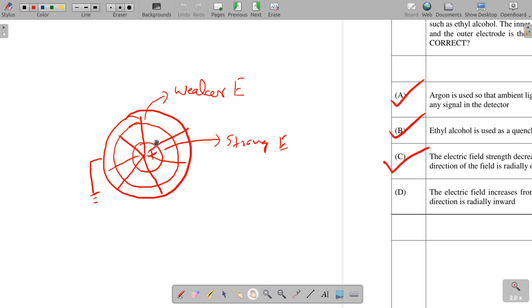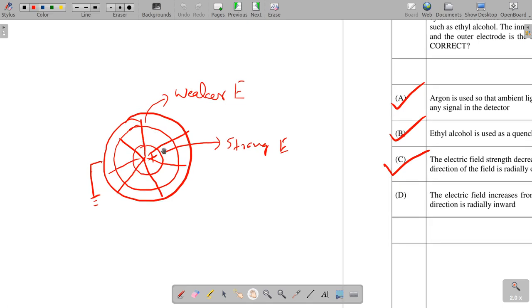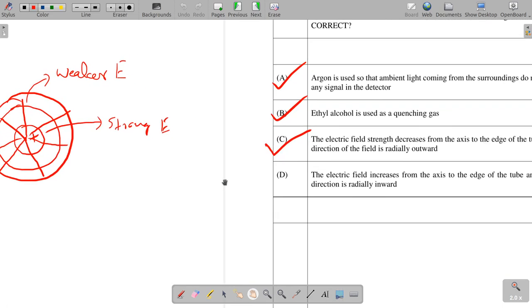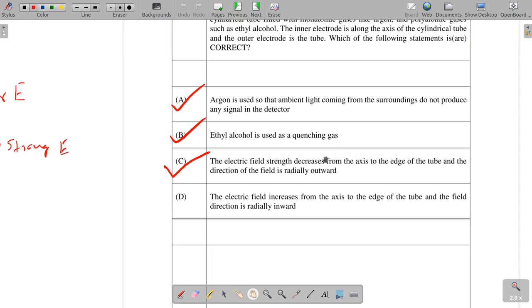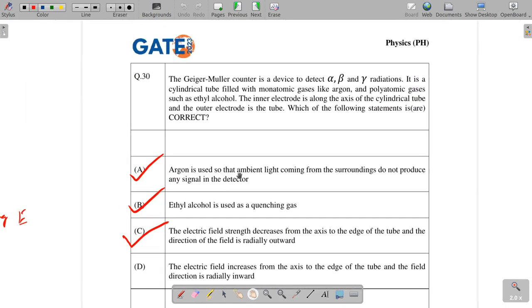You should remember that when electric field lines are closer, the magnitude is strong, and when they are farther apart, the magnitude is small. So the center has a stronger electric field, and as you go radially outward, the strength decreases. So C is the right answer. So A, B, C are the right answers.